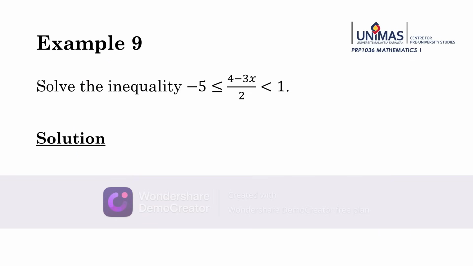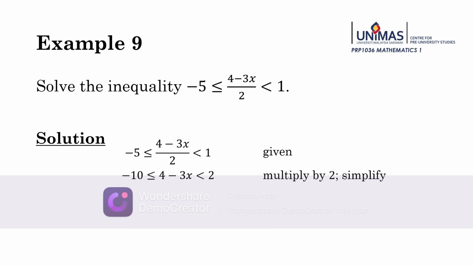Okay, now we go to example 9. Solve the inequality in between negative 5 and 1, the expression 4 minus 3x over 2. So we multiply by 2 to simplify the denominator of 2.